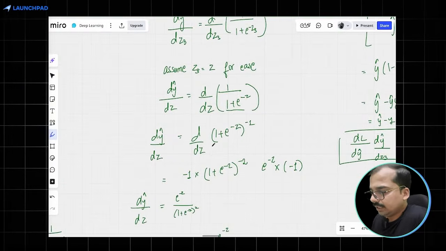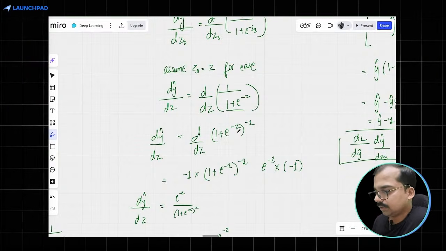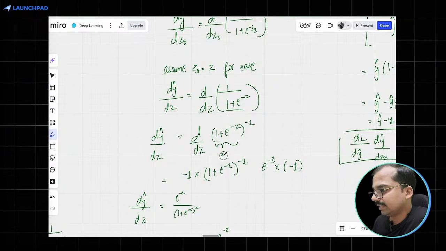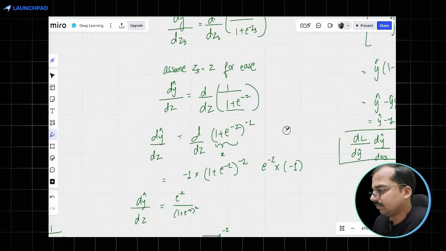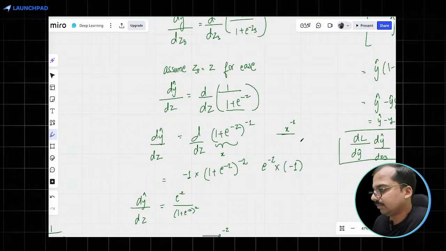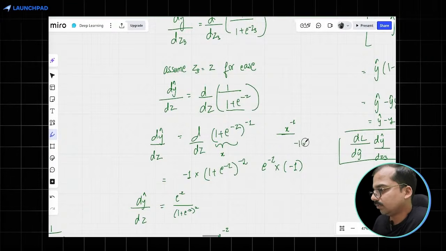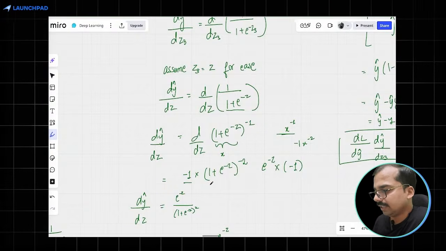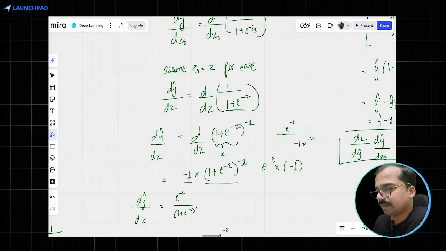Now the differentiation rule applies. First, let's assume this is some variable x. So this will basically become x to the power minus 1. If you differentiate x to the power minus 1, it basically becomes what? Minus 1 times x to the power minus 2. So that's what is written over here: minus 1, times x to the power minus 2.